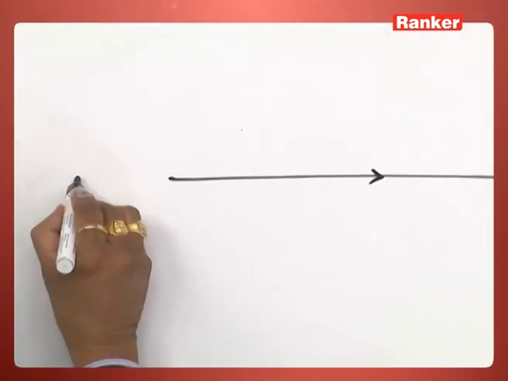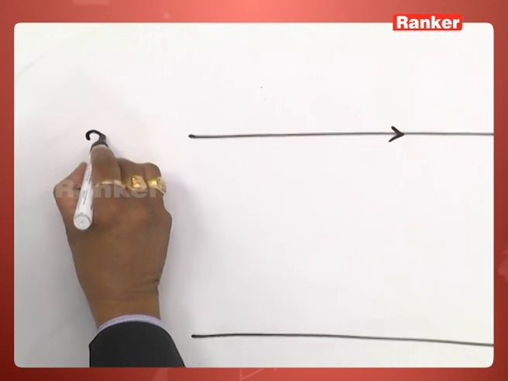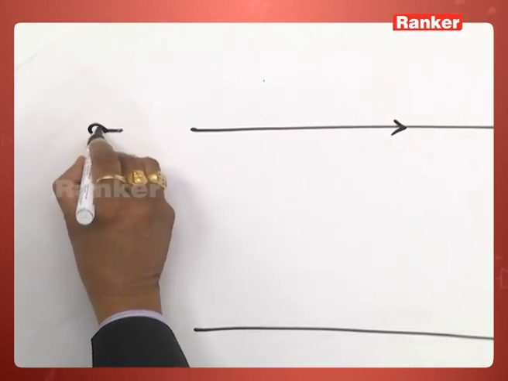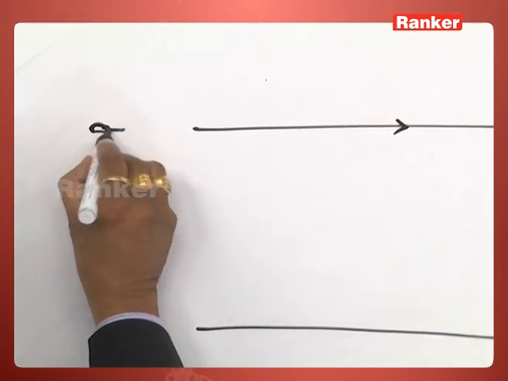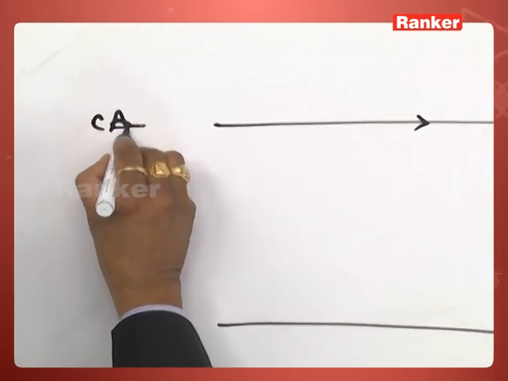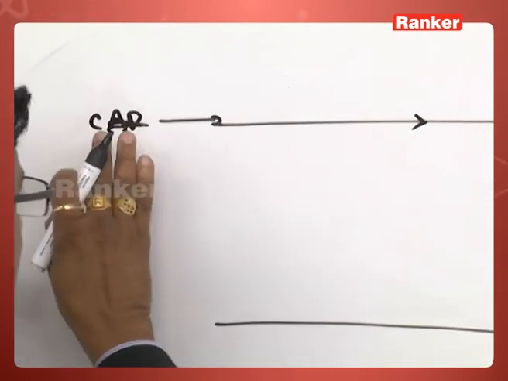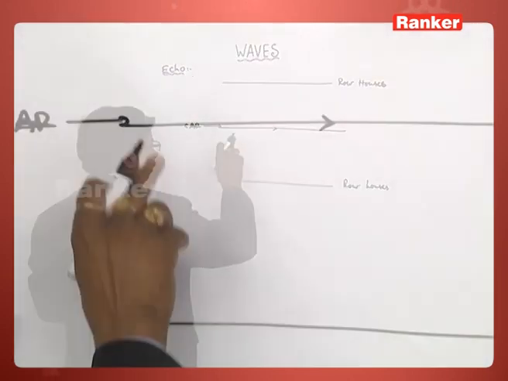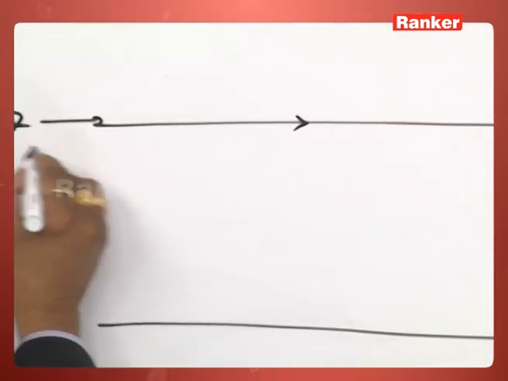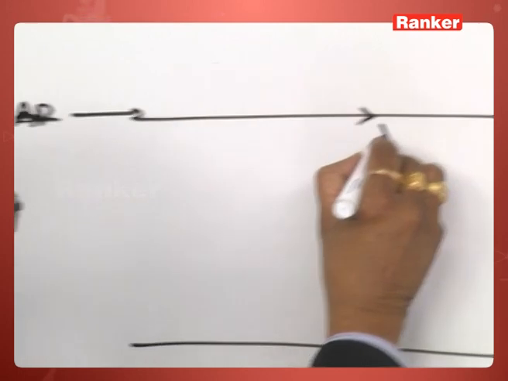Let us now consider there is a car that of course is traveling this way, right? It is the car that is traveling along this one. With what velocity? Let us consider the speed of this car as Vc.